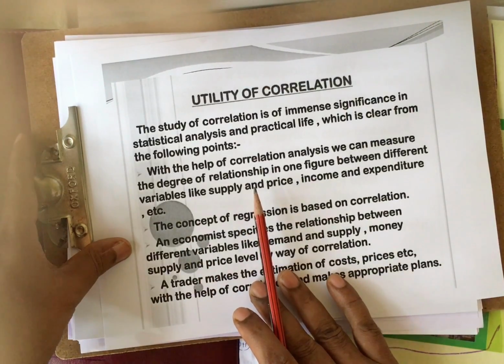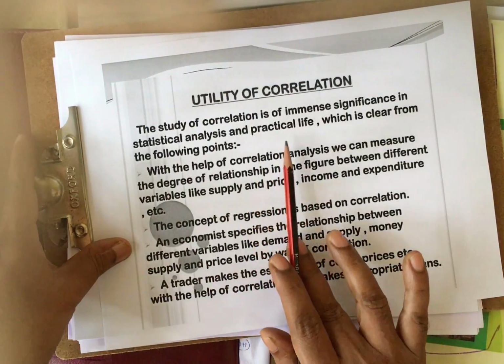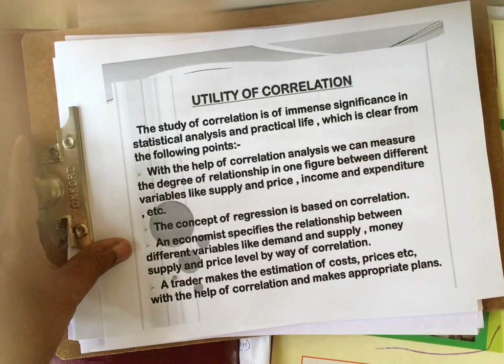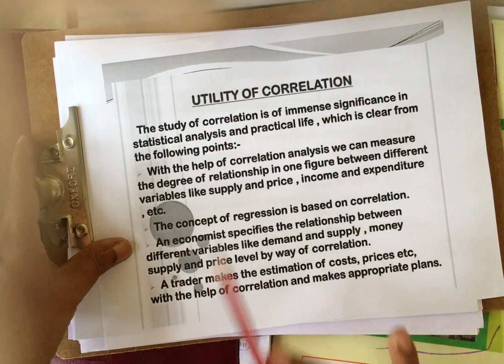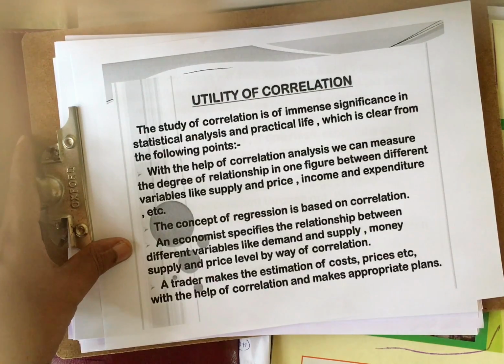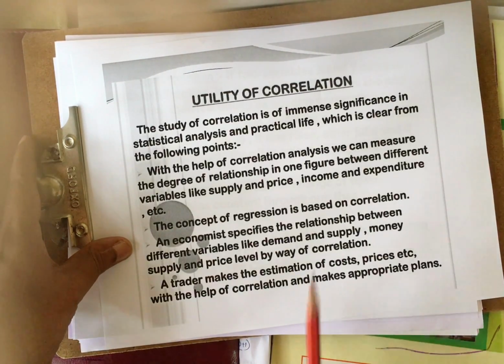Here, the study of correlation is of immense significance in statistical analysis and in practical life, which is clear from the following points. With the help of correlation only, we can measure the degree of relation in one figure between two variables like supply and price, income and expenditure, and demand and price.